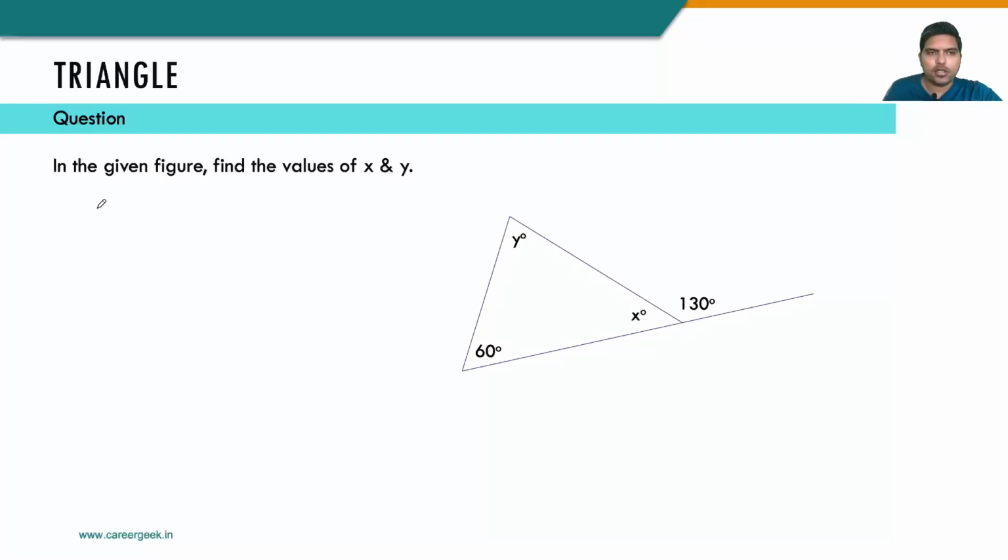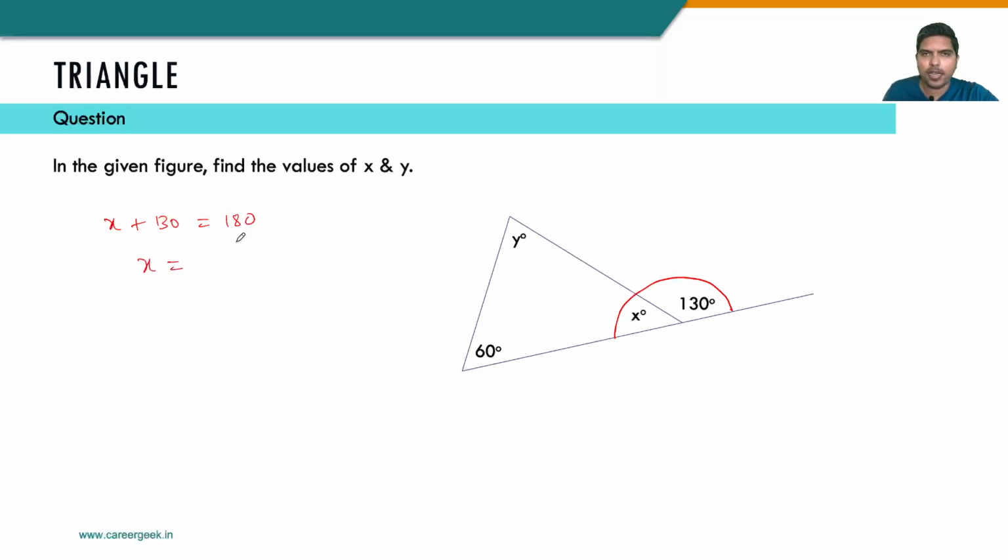Okay, one more question on this. In the given figure, find the values of x and y. Here two unknowns are there, but we know in lines and angles we have seen the straight angle, right? X and 130 is equal to 180. X and 130 are supplementary to each other.